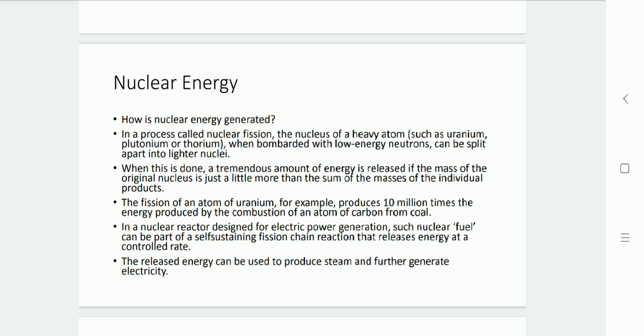A nuclear reactor is designed for electric power generation. This nuclear fuel can be a part of a fission chain reaction which releases energy that can be controlled. For that, nuclear stations have been established.